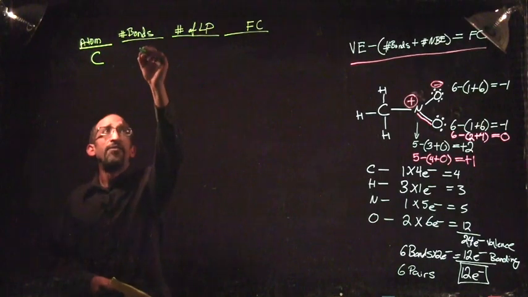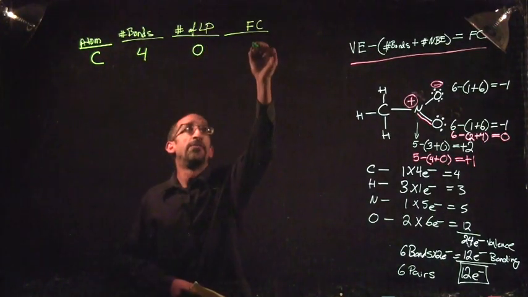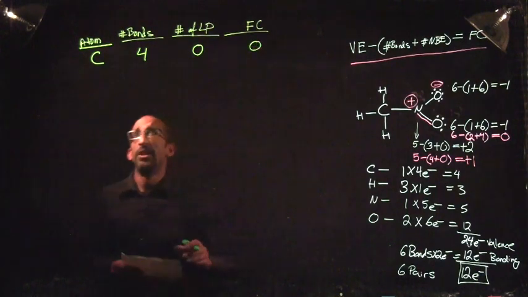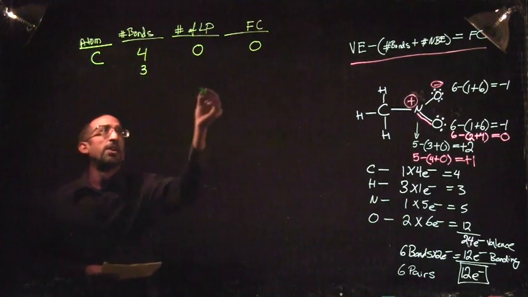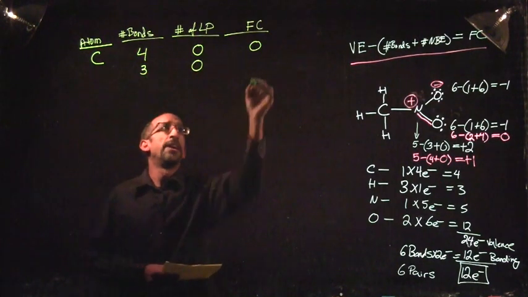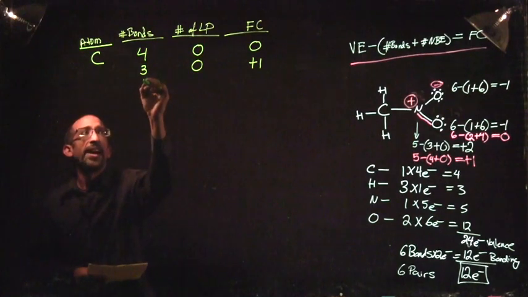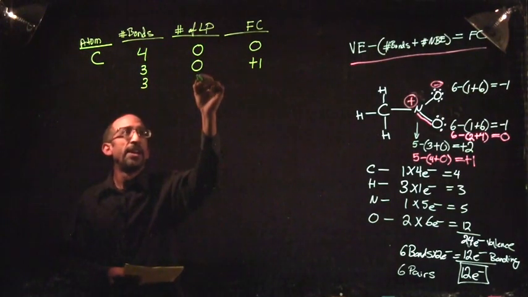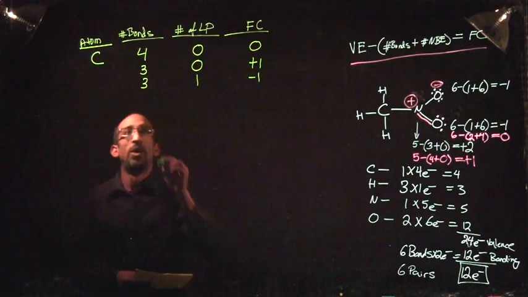If I have 4 bonds to carbon, no lone pairs, my formal charge is 0. If I have 3 bonds to carbon, no lone pair, my formal charge is plus 1. And if I have 3 bonds to carbon and I have 1 lone pair, my formal charge will be minus 1.